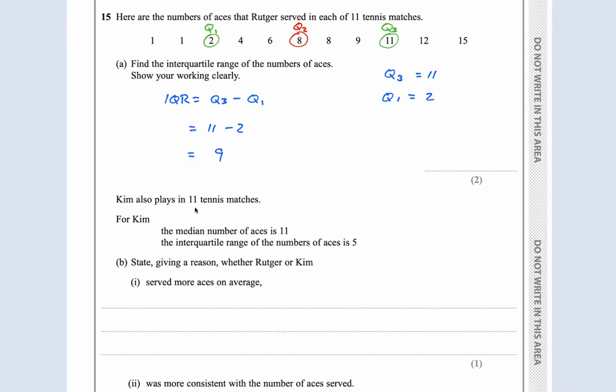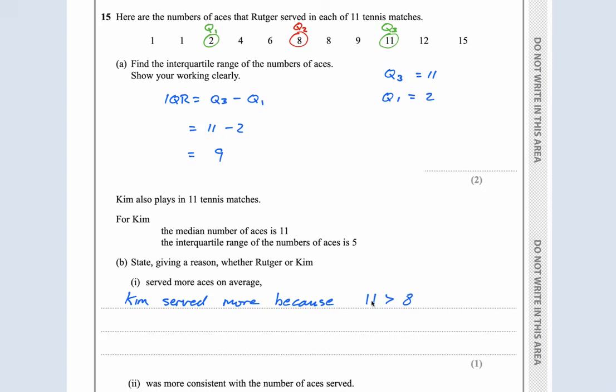Okay, Kim also plays in 11 tennis matches. This is someone else. For Kim, the median is 11 and the interquartile range is 5. State, giving a reason, whether Rutger or Kim served more aces on average. So on average, Kim served more because her median is greater, because 11 is greater than 8.